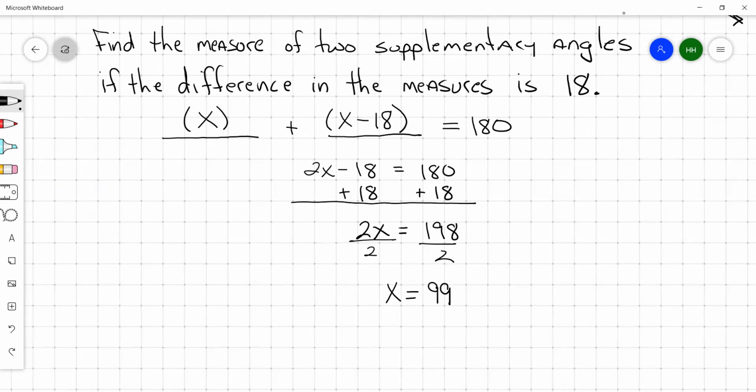This angle right here is 99 degrees. And then your other angle is going to be 99 minus 18. So that's going to be 81 degrees. So there's the measure of your two angles, 99 and 81. Any questions there?